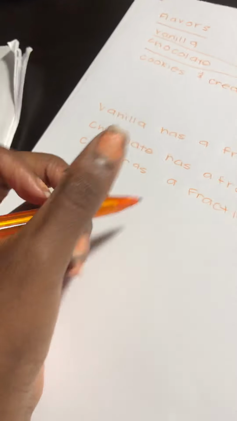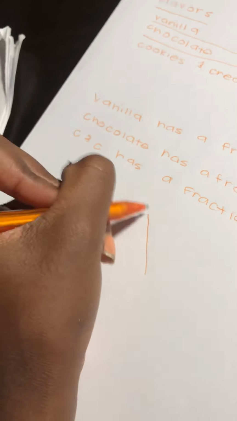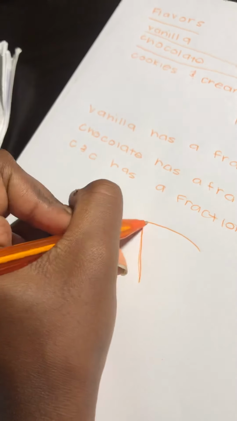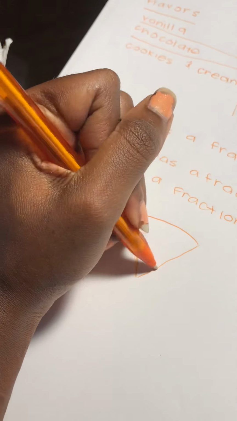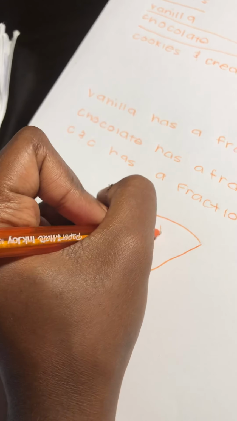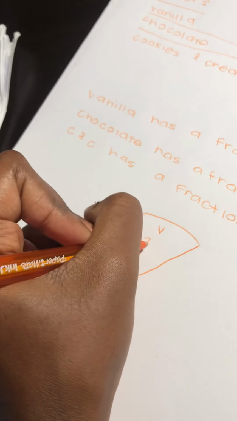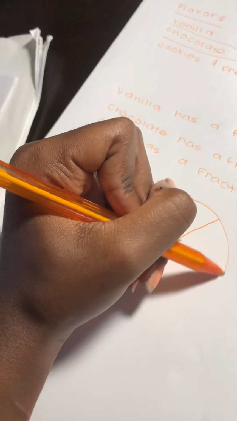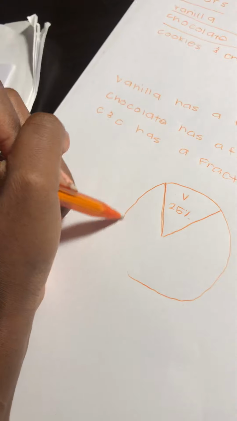After that, your chart will look something like this. Here is the 25% for vanilla. And then you draw the rest of your circle.